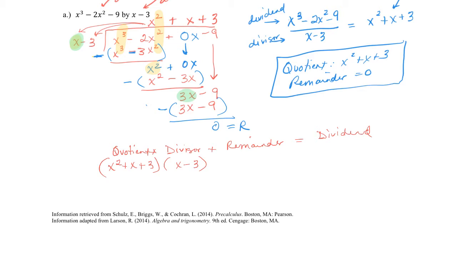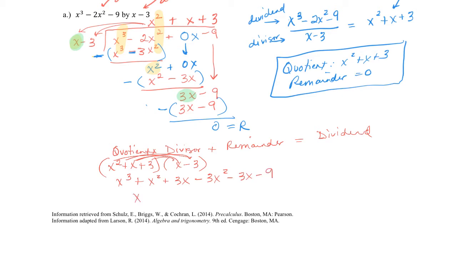So I'm going to do the math here. So x squared times x is x cubed, x times x is x squared, 3 times x is 3x, x squared times negative 3 is negative 3x squared, x times negative 3 is negative 3x, and 3 times negative 3 is negative 9.